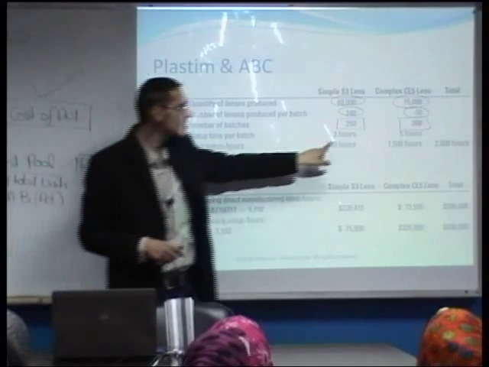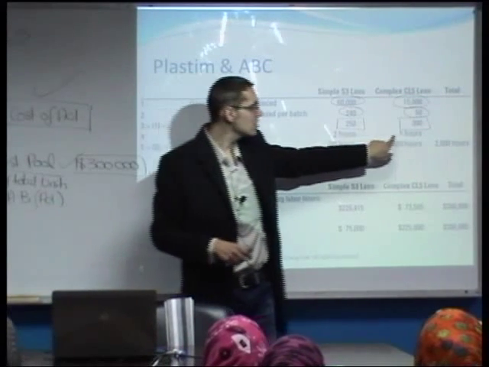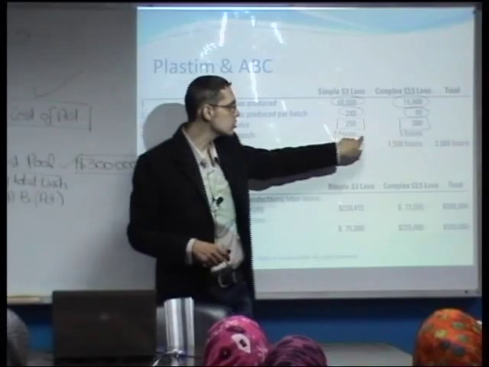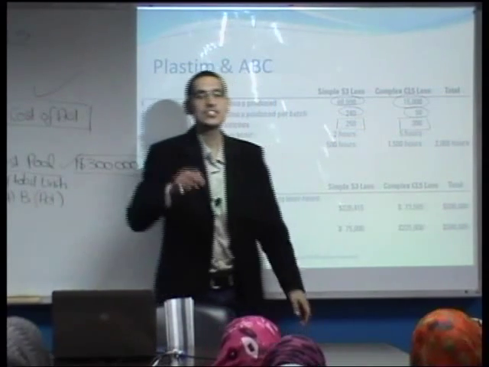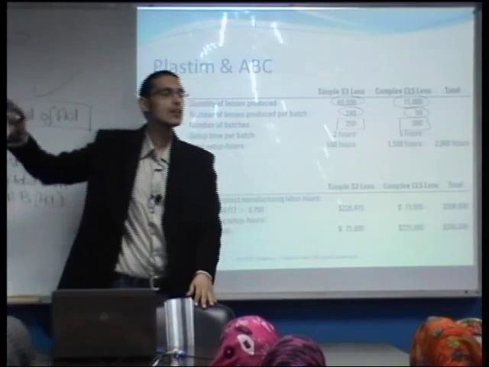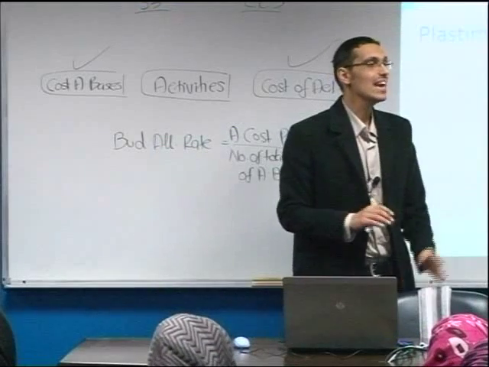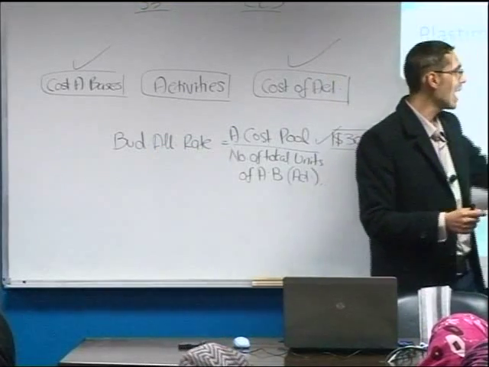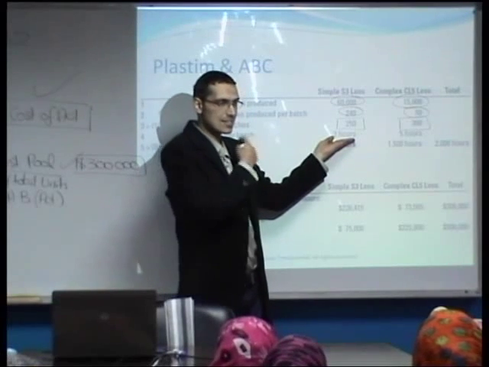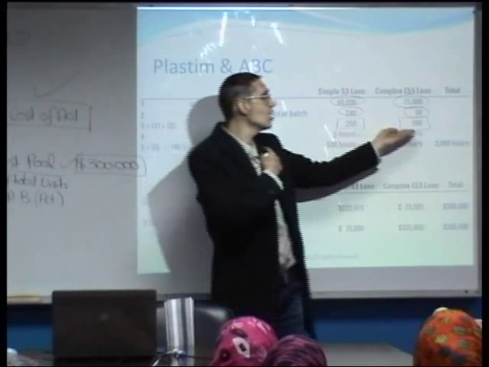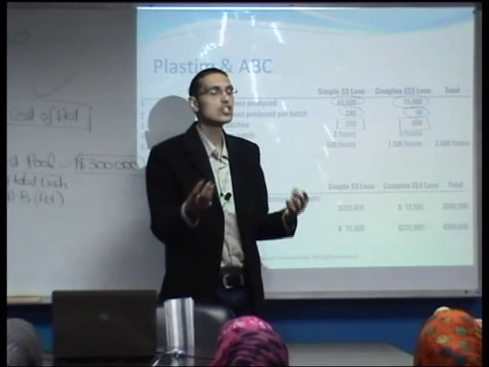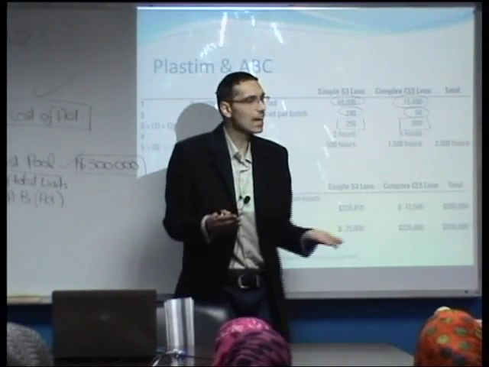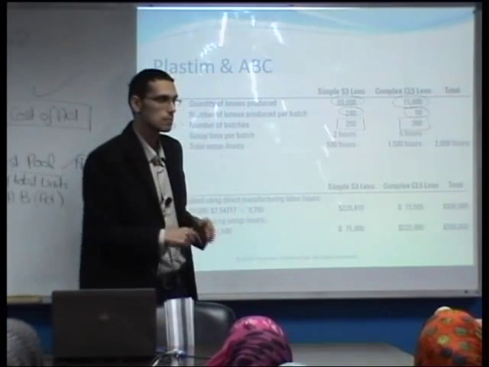And as we can see here, the resources that are used for the different products are not the same. This is the same point that we have discussed earlier. If, for instance, we have 2 hours as the setup hours here, and here also we have 2 hours, therefore I can choose as the allocation base the number of setups.